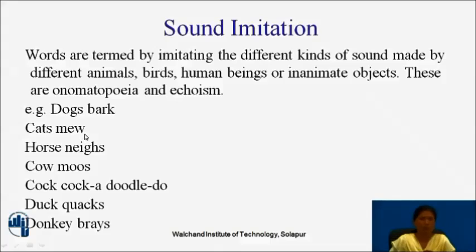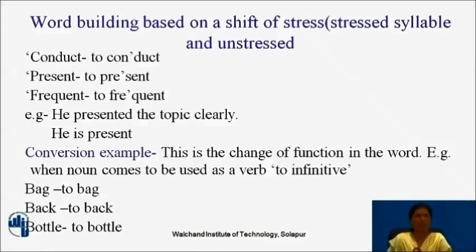Cats mew, horses neigh, cows moo. Cock-a-doodle-doo. Ducks quack, donkeys bray. Word building based on a shift of stress or conversion: for example, bag to bag. The noun is used to create the verb, the infinitive.